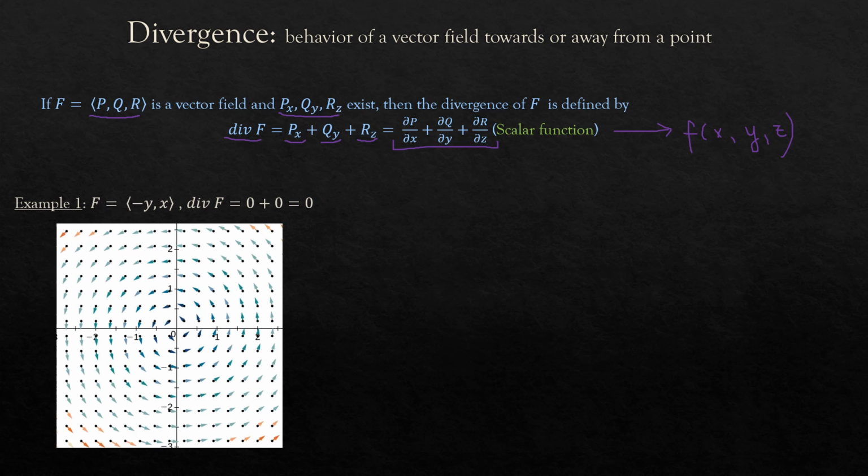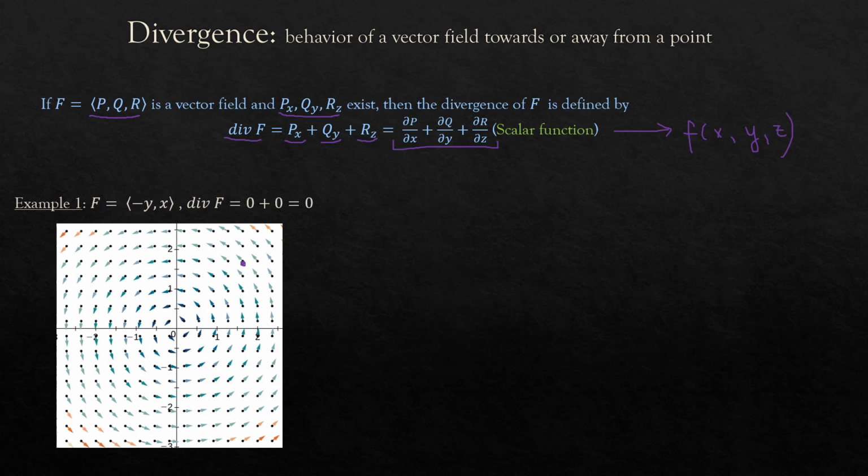Here we have a vector field F that's defined by negative y for the first component, x for the second. And once we compute the divergence of this vector field, a very simple computation, we get 0. So what does that look like pictorially? Let's just pick a point in R2, any point, let's say something over here.